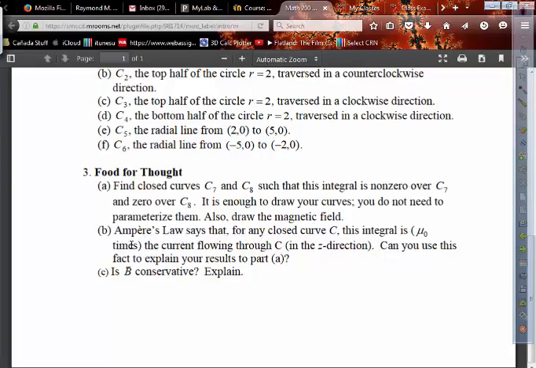And then part B, there's Ampere's law that says on the closed curve, the integral is mu sub 0 times the current flowing through the curve, z. So this is a two-dimensional vector field. The z vector is going up.